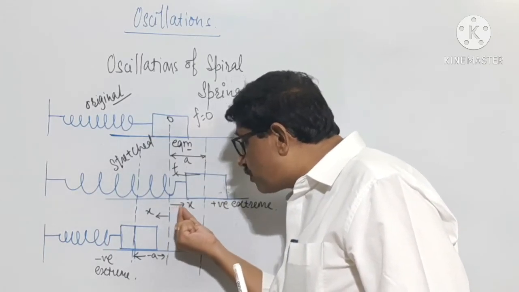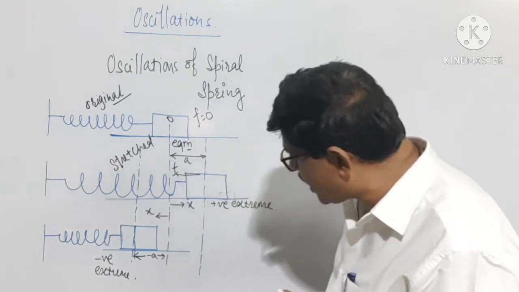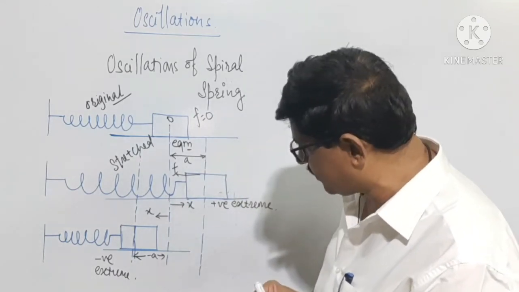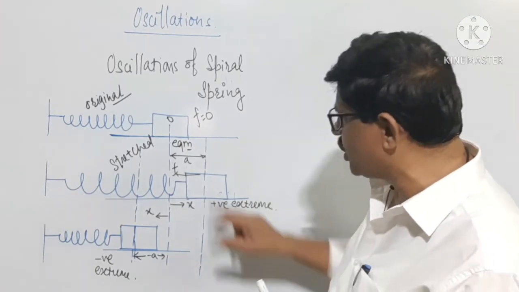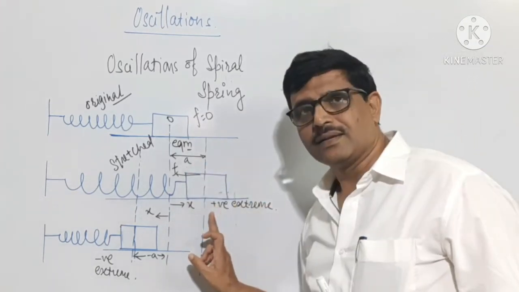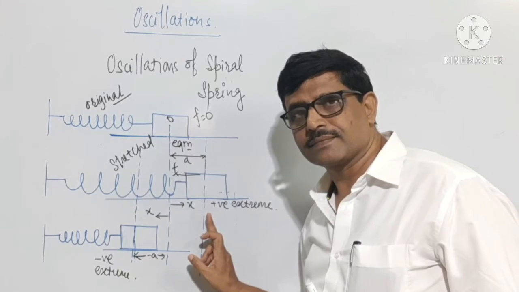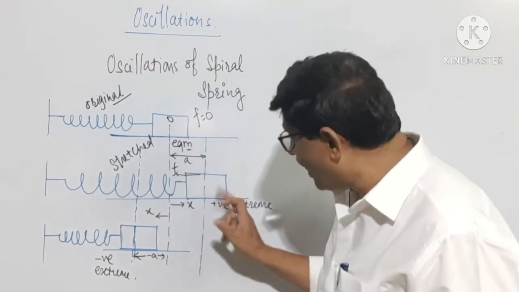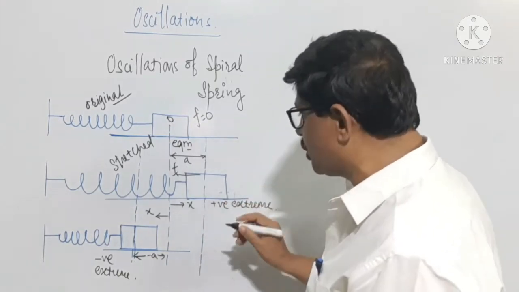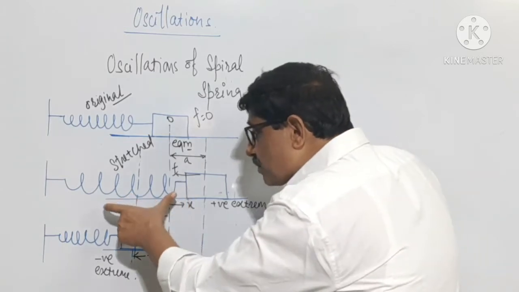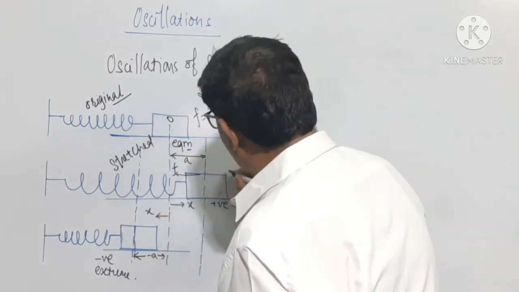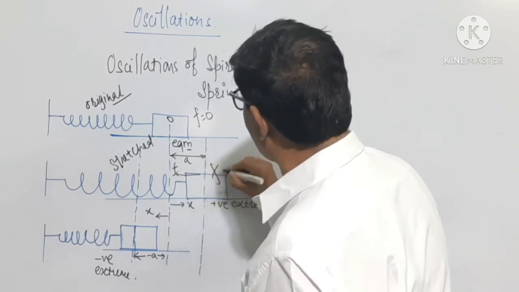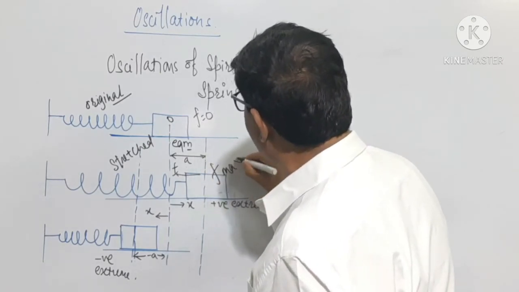The maximum displacement is represented by plus A. When it has maximum displacement, it has maximum elongation, maximum change, and because of that, the force developed at this position will be maximum.